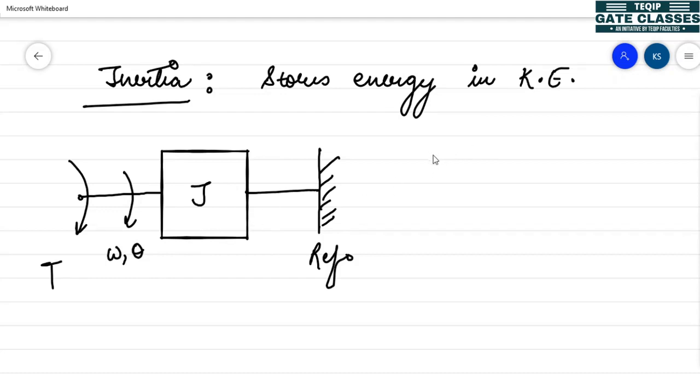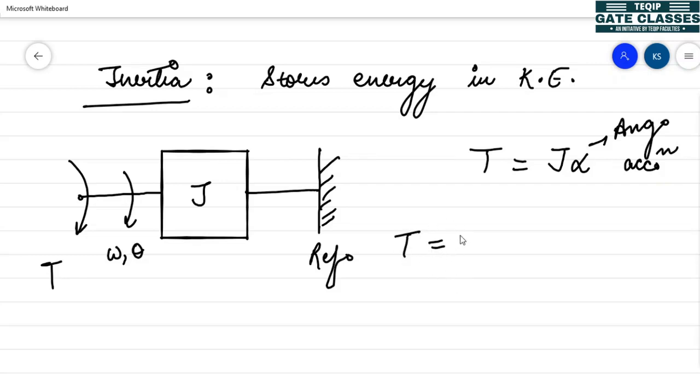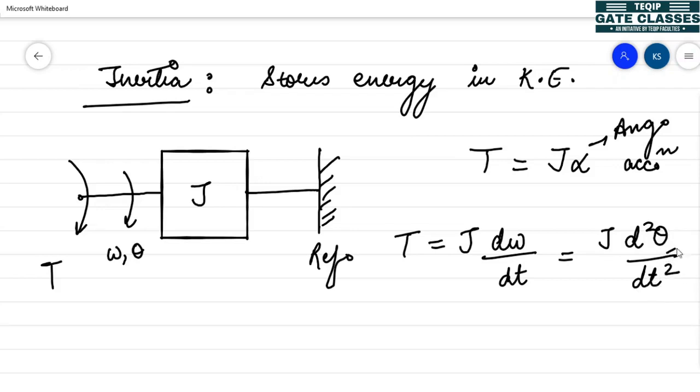According to Newton's law of motion, the torque developed is equal to J into alpha, where alpha is angular acceleration. So the torque is equal to J d omega by dt, or in terms of angular displacement, J d2 theta by dt2. So due to the inertia block, we observe a second order differential equation.